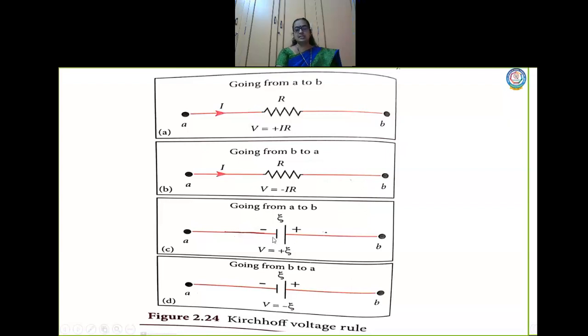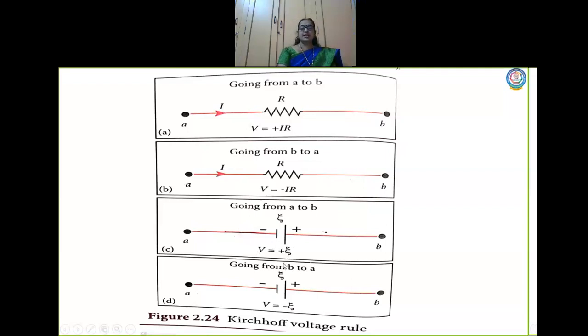So the direction is from the lower potential to the higher potential, from a lower value to a higher value. In that case, the EMF is measured as plus I, that is when it is going from A to B.